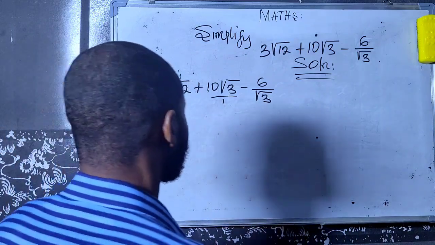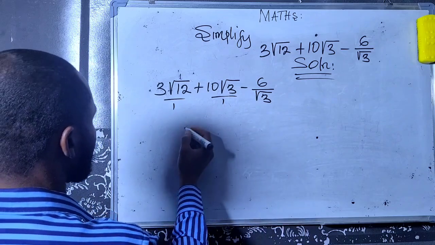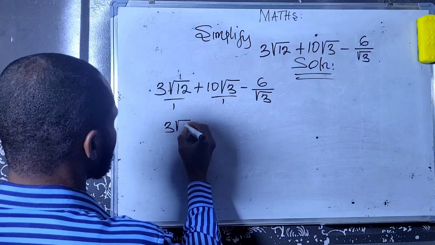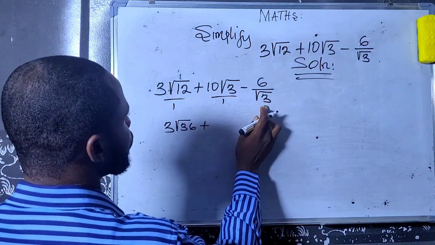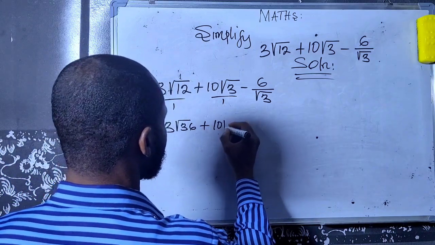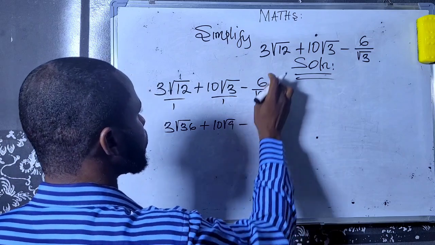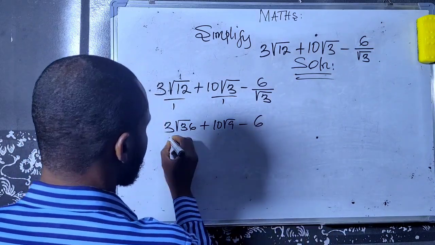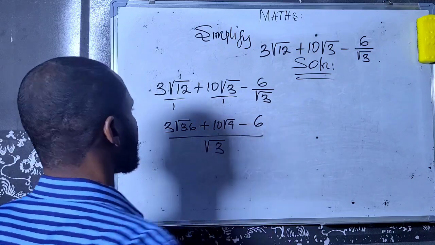Then in that case, we are going to have root 3 multiplied by 3 root 12, that to give us 3 root 36, plus root 3 multiplied by 10 root 3, that to give us 10 root 9, minus root 3 multiplied by 6 divided by root 3, that to give us minus 6. Then divide by root 3.